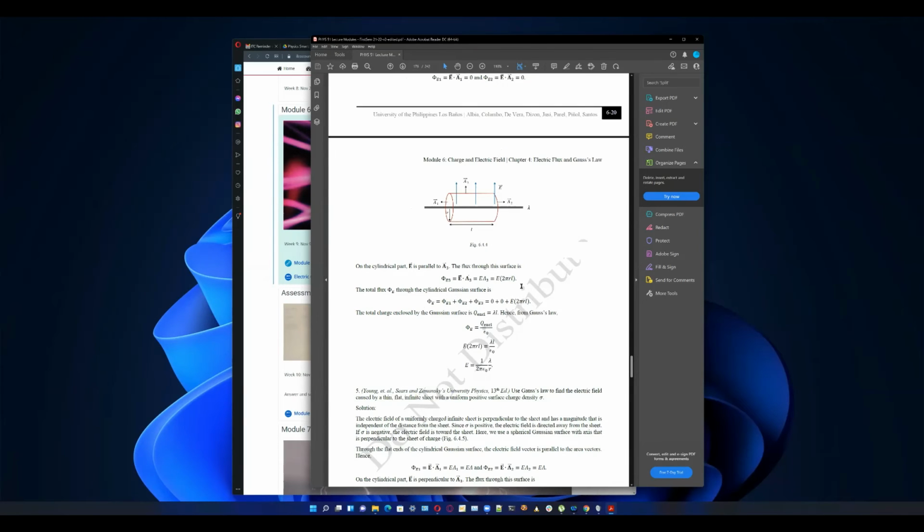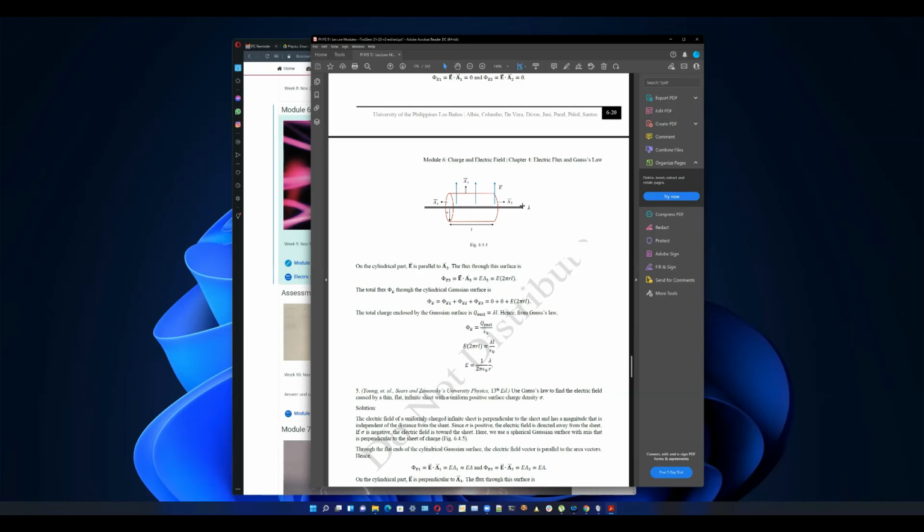But then, kung line siya, yung distribution ng charge mo ay along a wire, for example. So, ang E mo would be in all directions around the line. So, pwede kang mag-create ng a different Gaussian surface to be able to compute the E around the wire.